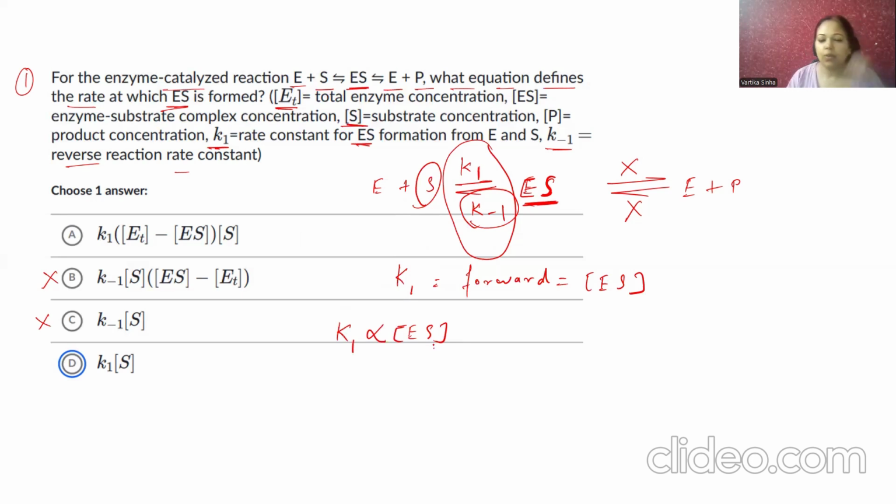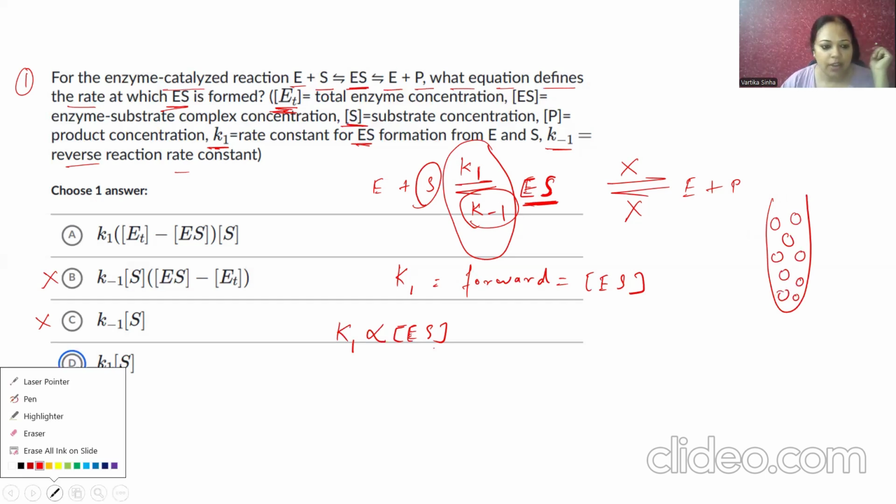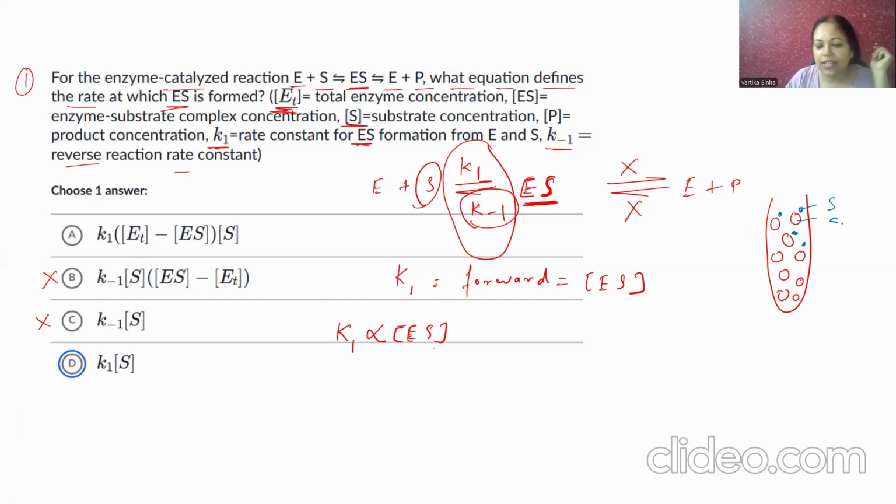But what we know is that the total concentration of the enzyme is given. Suppose in a reaction test tube, these red circles are the enzymes. Every red circle represents a molecule of enzyme, and every small circle represents a molecule of substrate. This is substrate and this is enzyme.